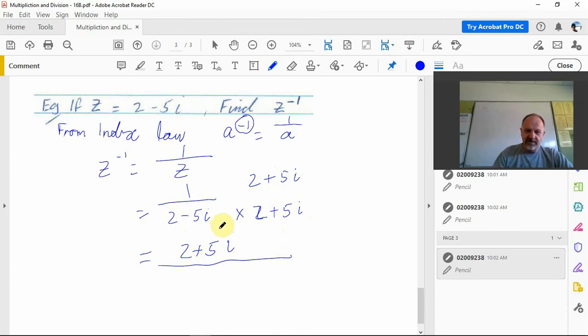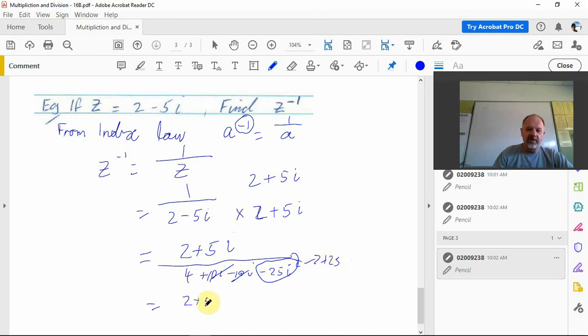And underneath, 2 2s is 4, plus 10i, minus 10i, minus 25i squared, which of course is then plus 25.